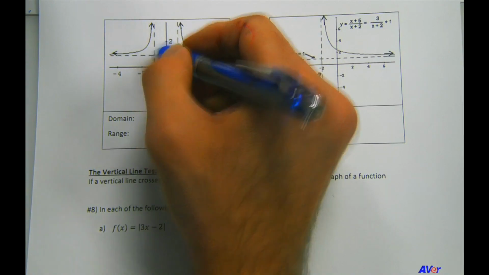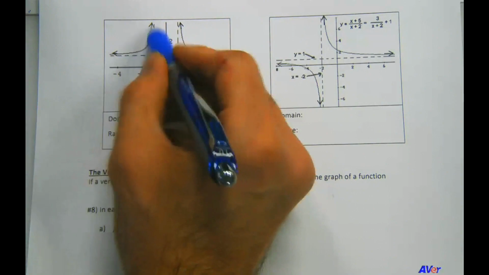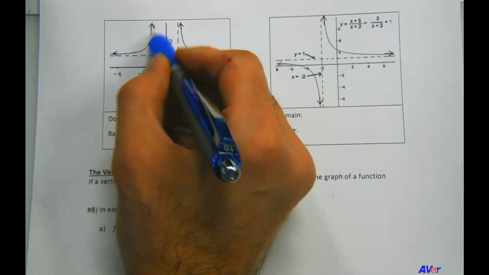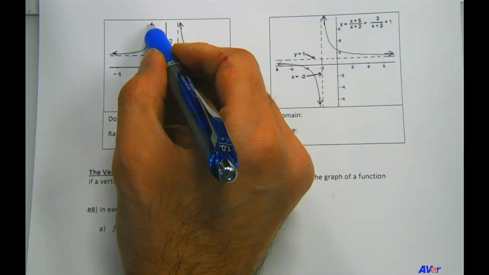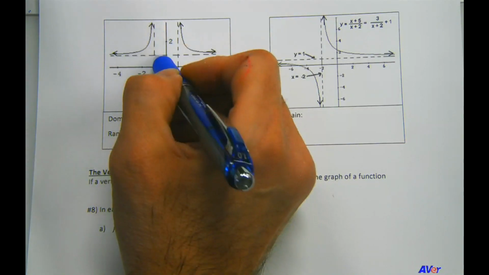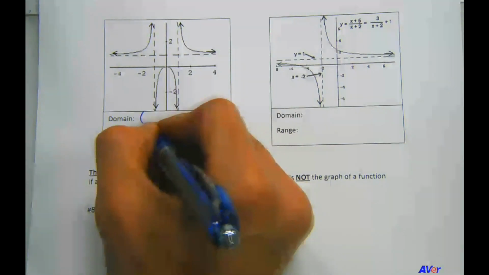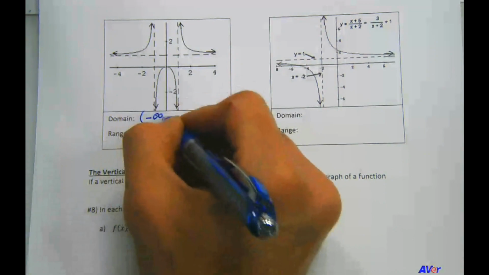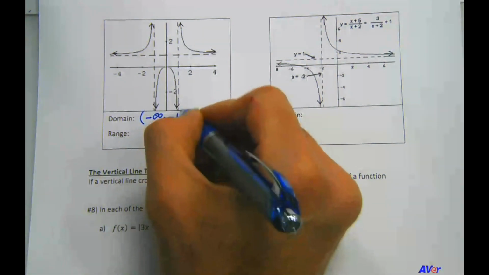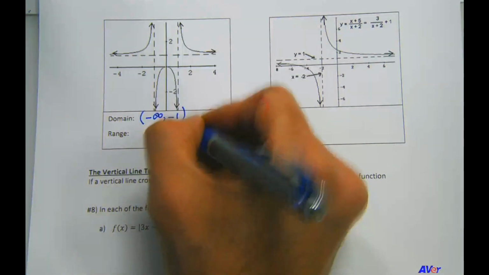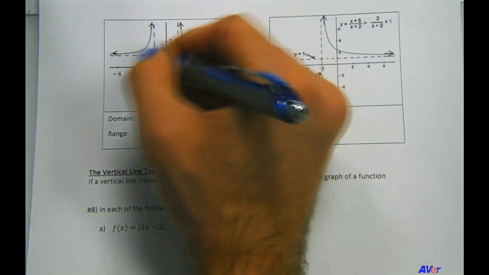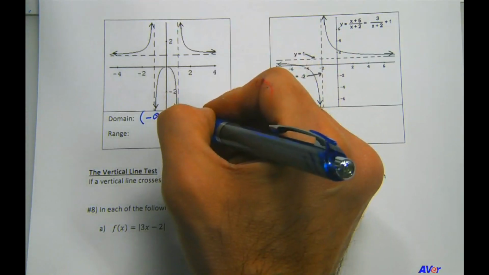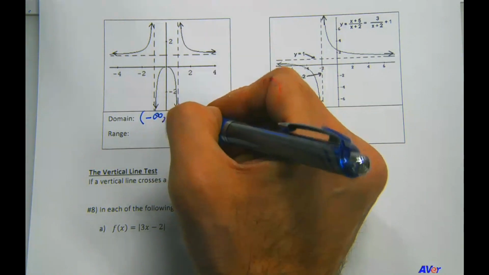So this piece is coming from negative infinity and is approaching but not passing through x equals -1. So let's write that down. Minus infinity, comma, -1, parenthesis. Parenthesis to indicate that the graph line does not pass through x equals -1.